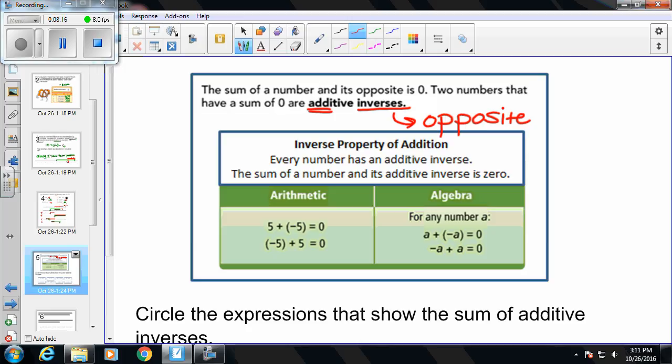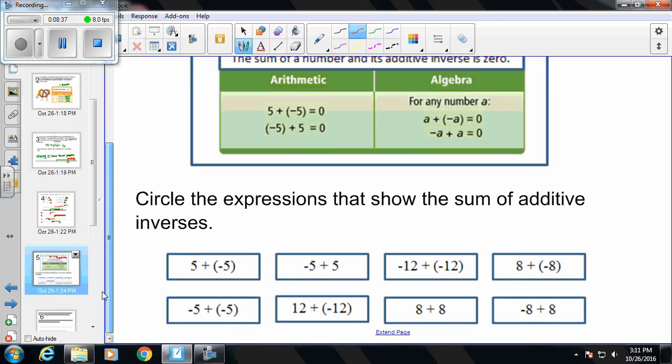Okay? The inverse property of addition. Every number has an additive inverse. The sum of the number and its additive inverse is 0. So 5 plus its additive inverse of -5 is 0. -5 plus its additive inverse of 5 is still 0. For algebra, a plus -a is 0, and -a plus a is 0.